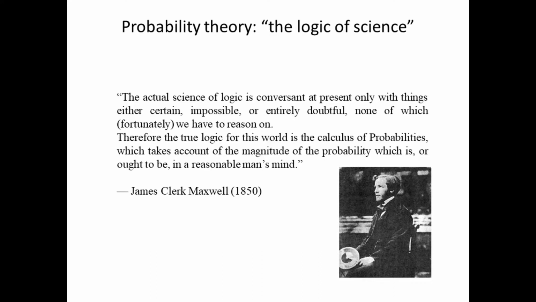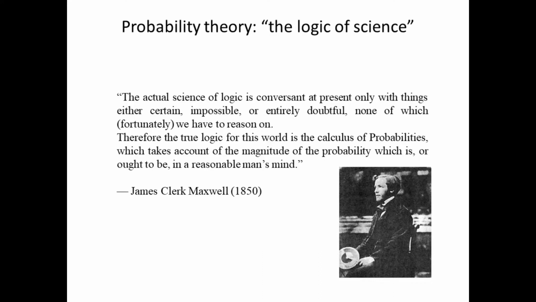Just to explain this, when Maxwell says the science of logic, he really means deductive logic, so essentially Aristotelian logic. For example, reasoning of the type that all Labradors are greedy. My dog is a Labrador, therefore my dog is greedy. So that is something where if the premises are true, if my starting points are true, then the argument guarantees that my answer is also completely true.